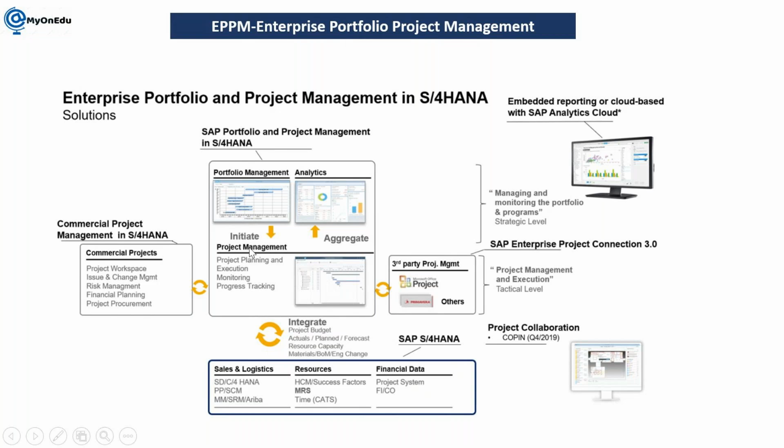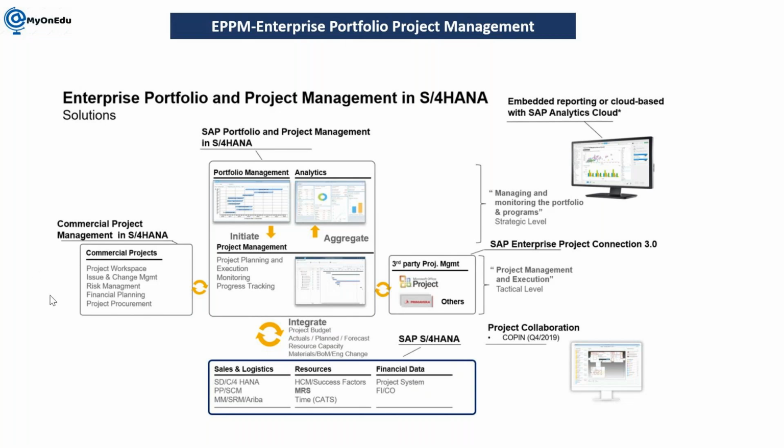Okay, apart from this, we have another module called commercial project management. The best part of this module is reporting, analytical reporting. Apart from that, financial planning. And it gives us a 360-degree view of any project.